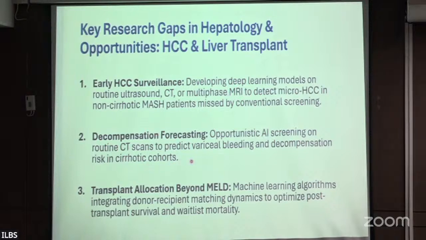All these areas can be taken up. Decompensation forecasting means opportunistic AI screening on routine CT scans to predict variceal bleeding and decompensation risk in a cirrhotic cohort. And transplant allocation beyond MELD: a machine learning algorithm integrating donor-recipient matching dynamics to optimize post-transplant survival and waitlist mortality.